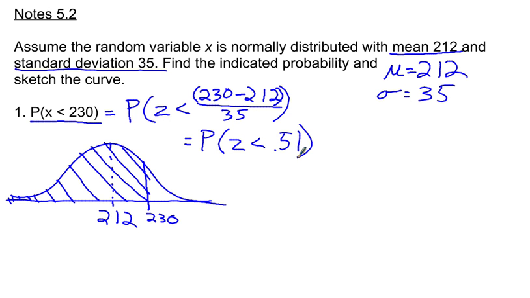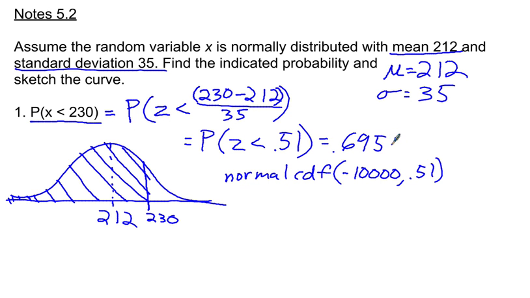So if I use the calculator, I would type in normalcdf. We're less than, so we want negative 10,000, comma 0.51. And this ends up giving us 0.6950 when we round to 4 decimal places. Right? And as expected, this is greater than 1/2.